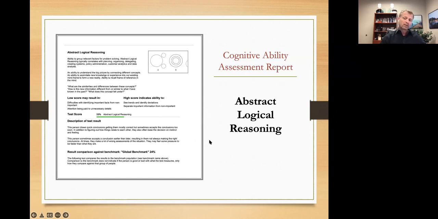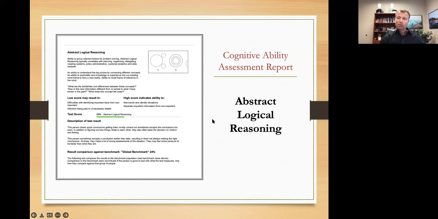For example, a low score under abstract logical reasoning could mean there are difficulties identifying important facts from non-important. They are not able to see the big picture and may focus on details that are not really that important. Somebody who gets a high score is able to identify those trends and any deviations and separate the important information from non-essential.